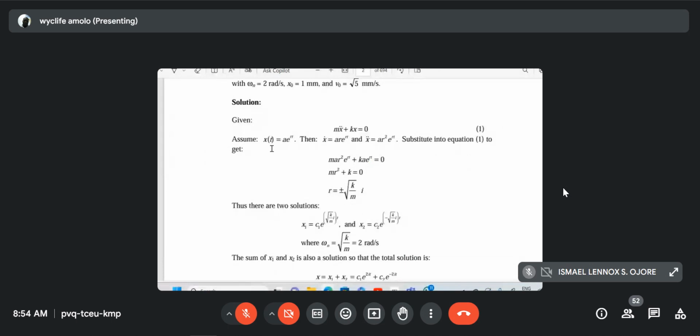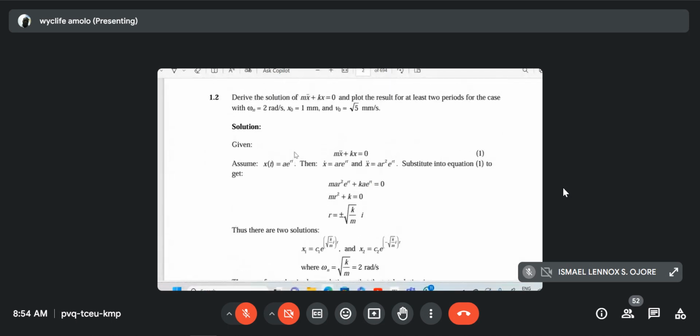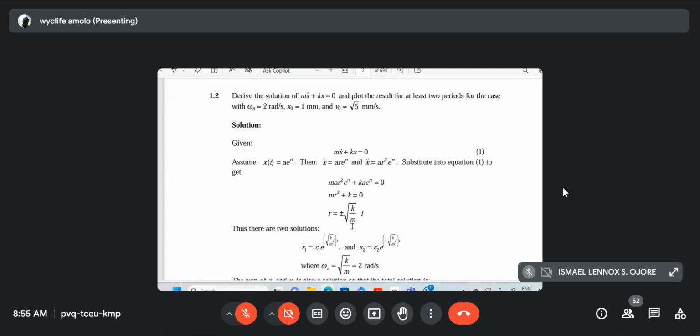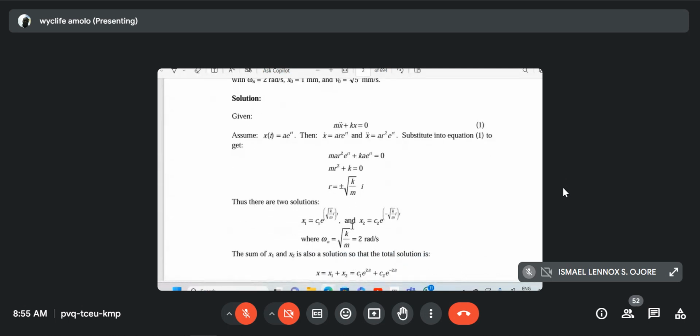Assume x of t is equal to Ae^(rt), then x is equal to that expression there. And when you substitute them like that, you get 0. So you get r with this. I'm just giving what is given here.